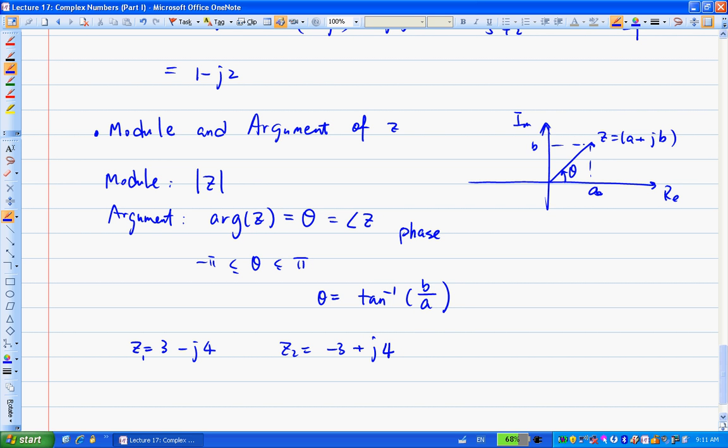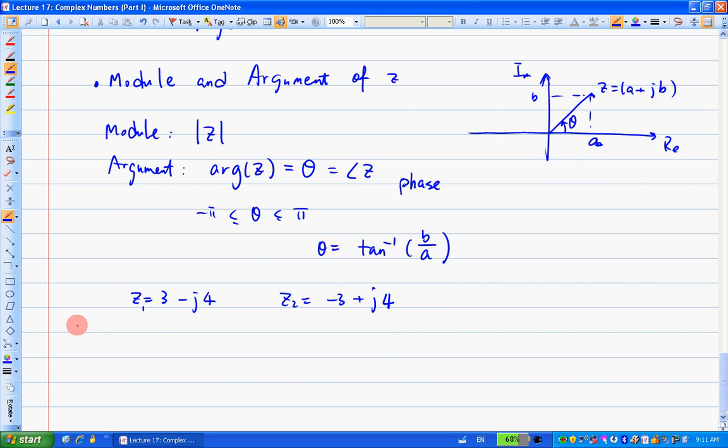So I have two complex numbers here. Can we calculate the absolute value of these two? That's pretty good, we did well. 5, right? How about the angle, the argument of these two?